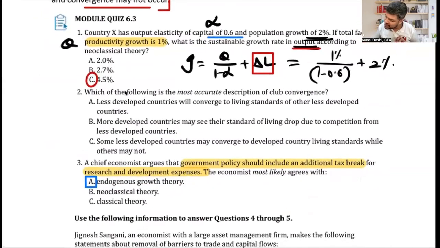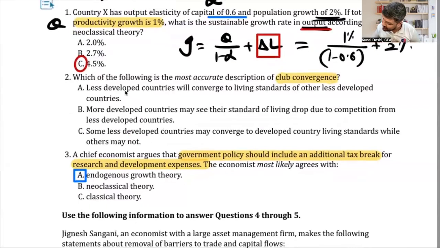So let us do the discussion. Which of the following is the most accurate description of club convergence? Remember, a club is like a US or a Western club, where those who are members of the club will grow faster. Less developed countries will converge to the living standards of other less developed countries, not necessarily, unless they are a part of the club, isn't it?